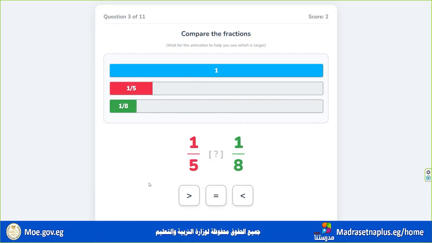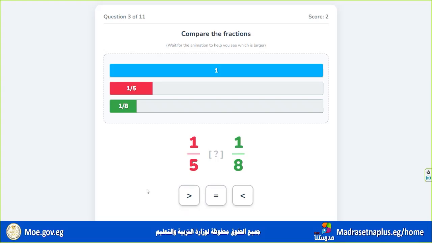Another example is 1/5 and 1/8. 1/5 in red, 1/8 in green. Yes, 1/5 is greater than 1/8. Don't make the mistake of saying 1/5 is smaller than 1/8.